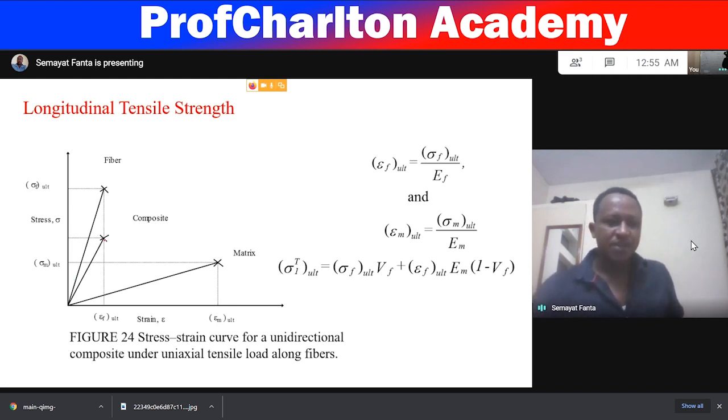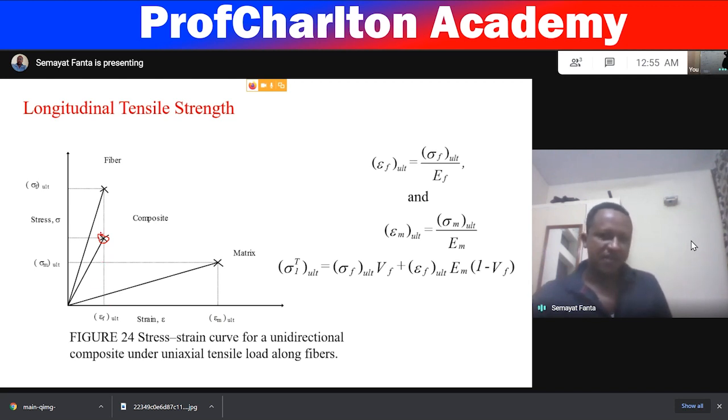So, for example, if we take a composite at this level, the ultimate failure strain of the fiber is here, and the ultimate stress of the matrix is here. The combination of the two should be somewhere around here.